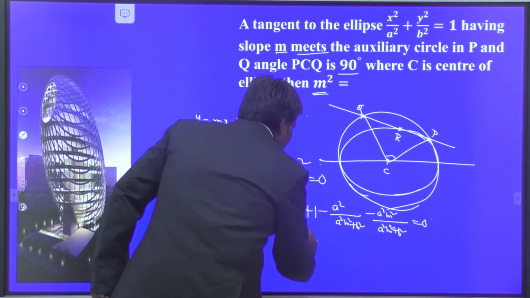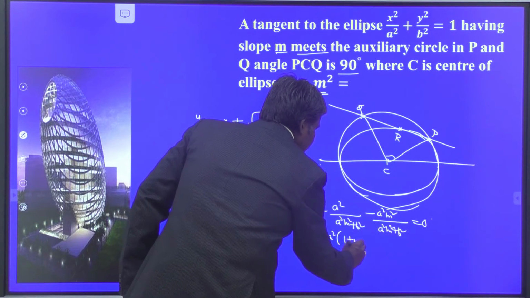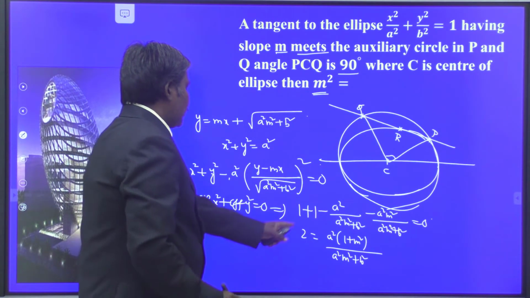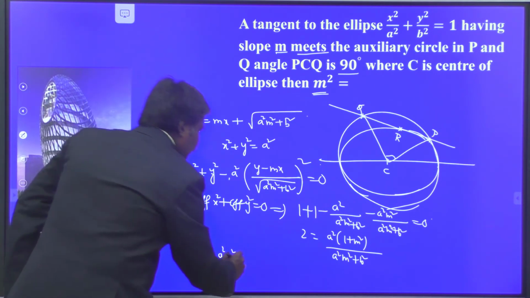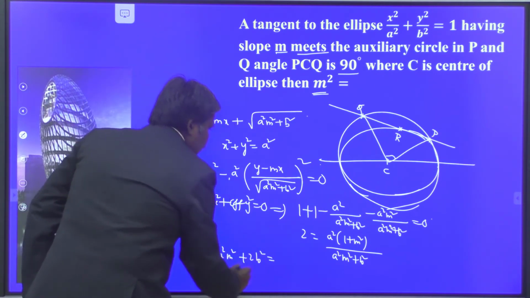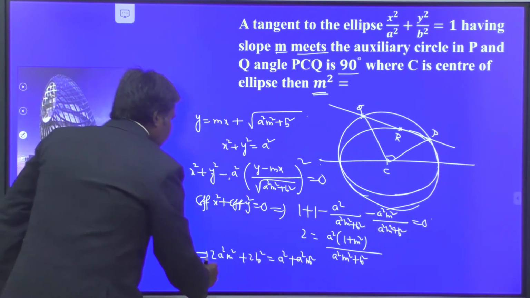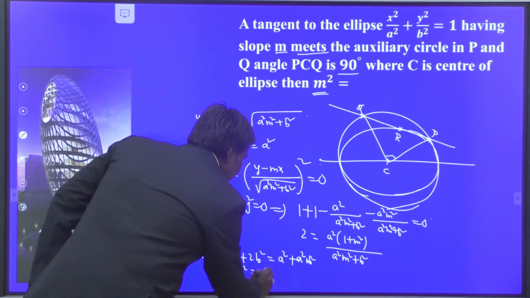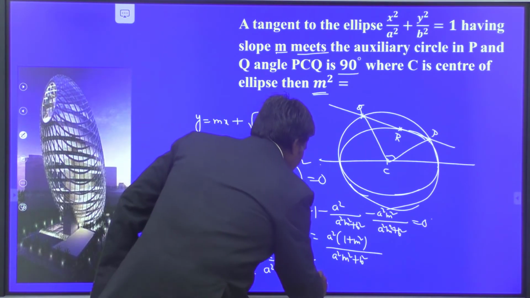Okay? 1 plus 1 is 2 is equals to a square times of 1 plus m square by a square m square plus b square. 2a square m square plus 2b square is equal to a square plus a square m square. So you cancel out 1 a square m square, we have a square m square is equals to a square minus 2b square. So what is the value of your m square?